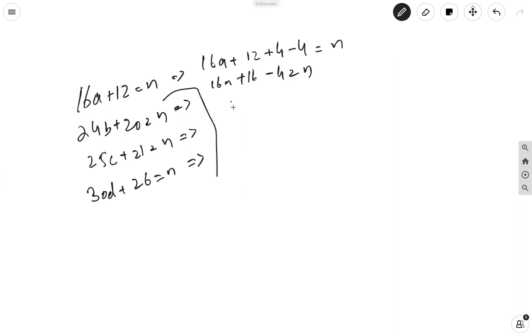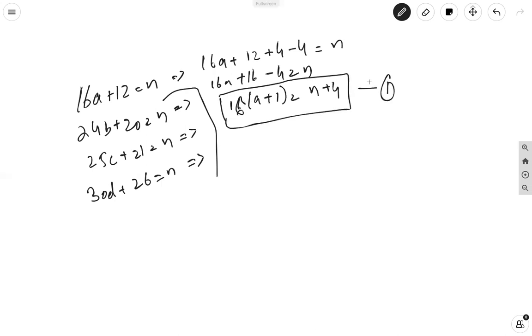So we can write this as 16 times (a plus 1) equals n plus 4, the first form. You got what I did here? I just added 4 and subtracted 4. That makes no change, because the 4 and 4 cancel out. The result will be the same, but I'm just trying to make some form out of this.